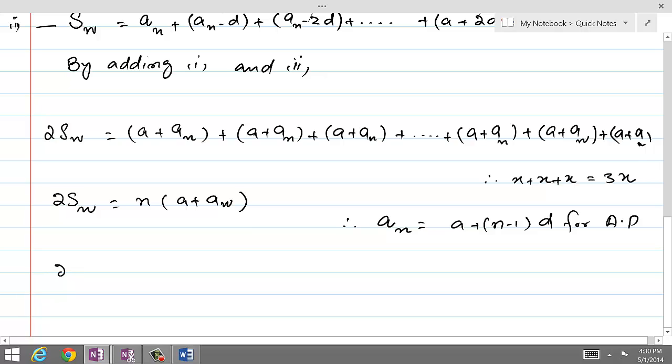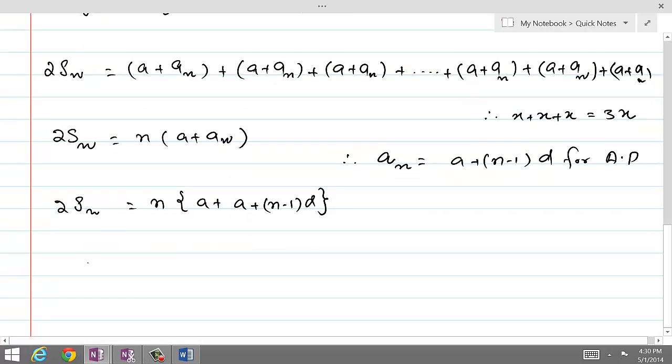This means 2Sn is equal to n times a plus the value of an, which is a plus n minus 1 into d.